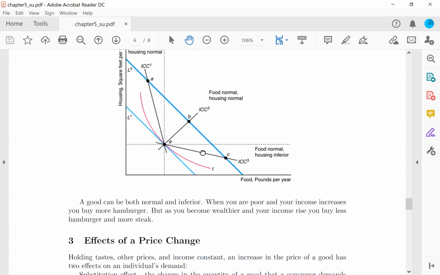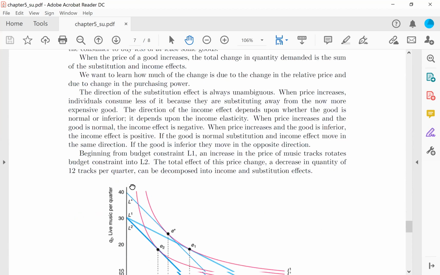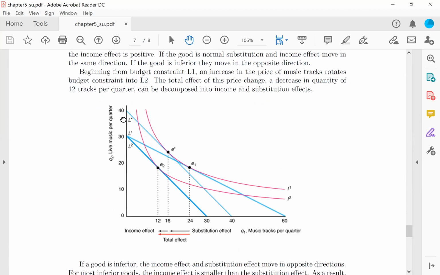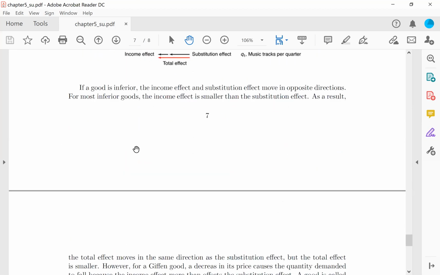We have covered that. You are responsible for effects of a price change. You should know this effect of the price change very well. You will definitely have a question from here.